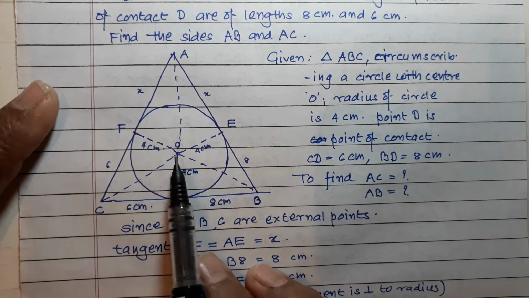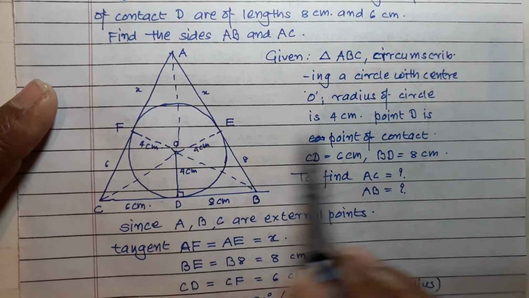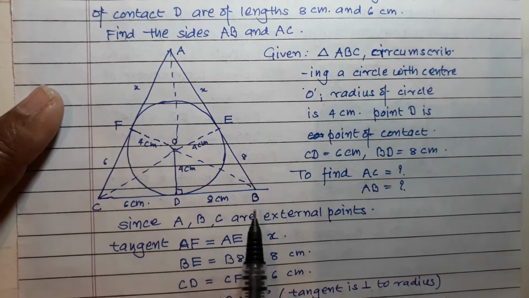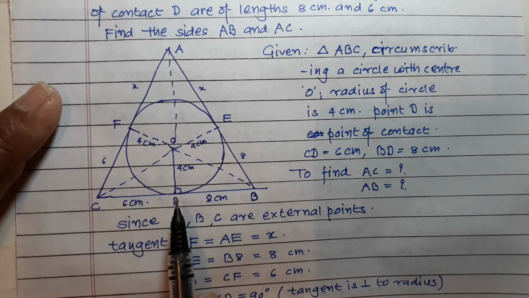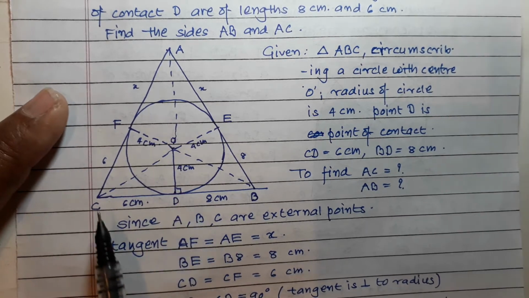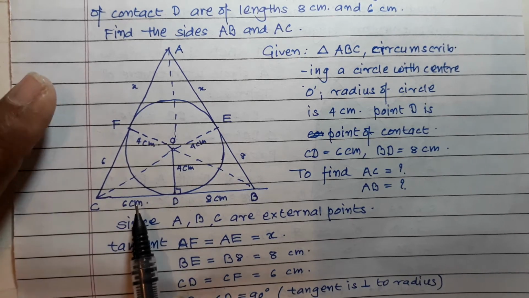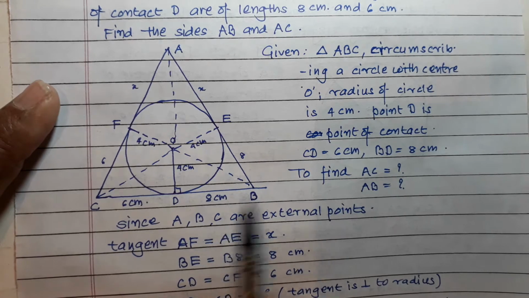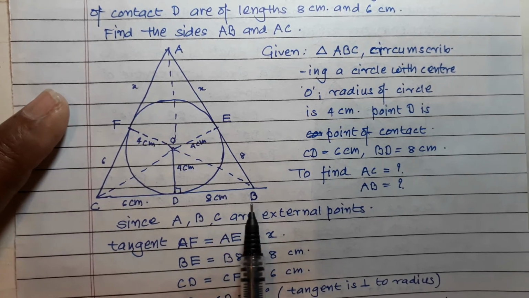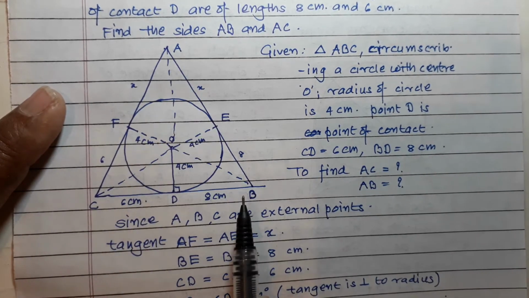So this is 4 centimeter, 4 centimeter, 4 centimeter. Point D is the point of contact. CD is equal to 6 centimeter and DB is equal to 8 centimeter, given. Find AC and AB.